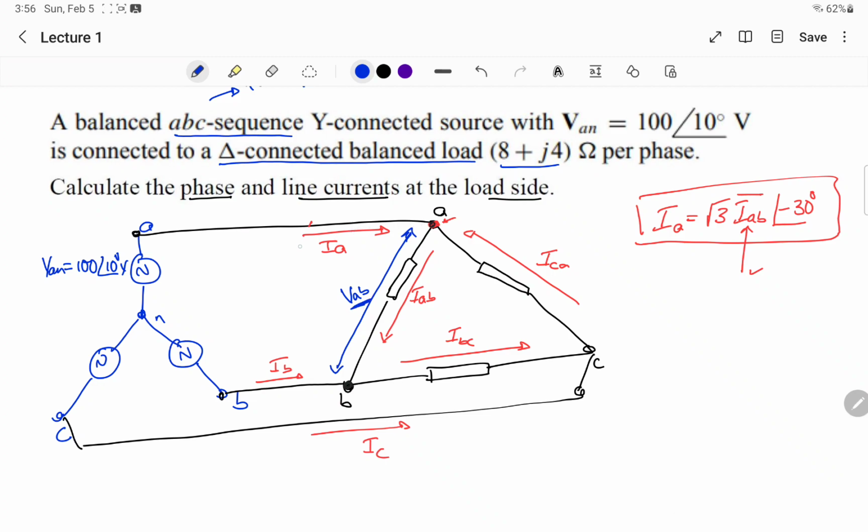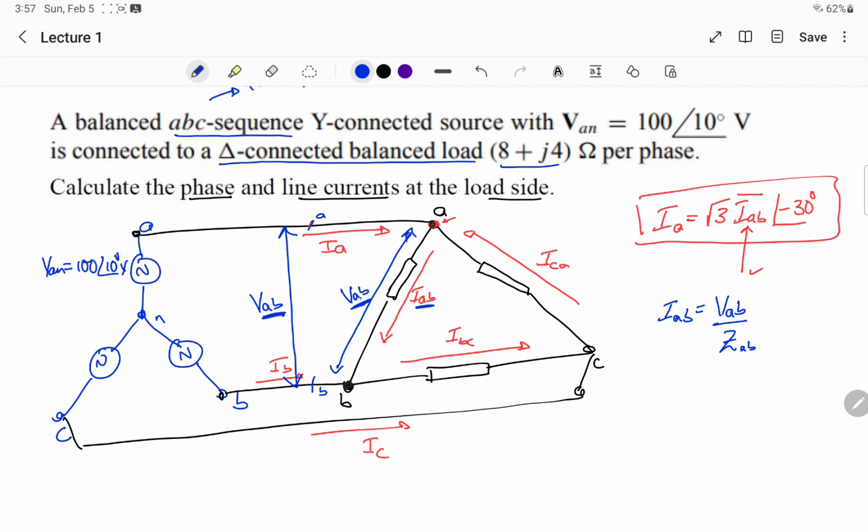VAB is in reality the voltage between line A and line B. So if I can find VAB, I can find IAB. If I can find IAB, I can find IA. How can I find IAB if I know VAB? Because IAB equals VAB over ZAB.